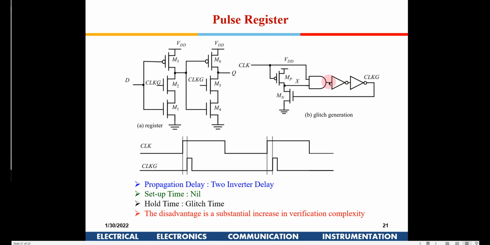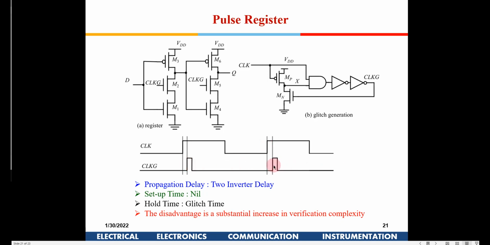So that will make this output go to 0. This will be 1 here, it will go to 0 here. So if this is going to be 0, now that is a stable condition. Now it will remain so till the next clock arrives. So you will find how this glitches.